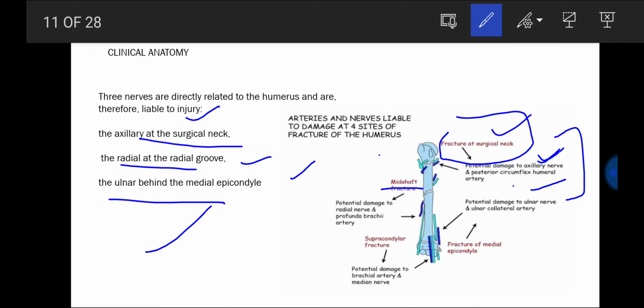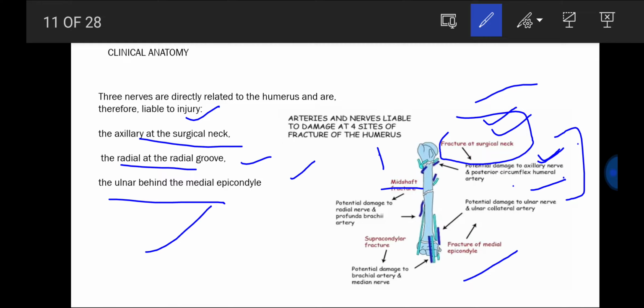So the axillary nerve is important here. If there is a question like write down the clinical anatomy of the humerus, you have to draw this figure. First is the fracture at the surgical neck, then there is some axillary nerve damage.